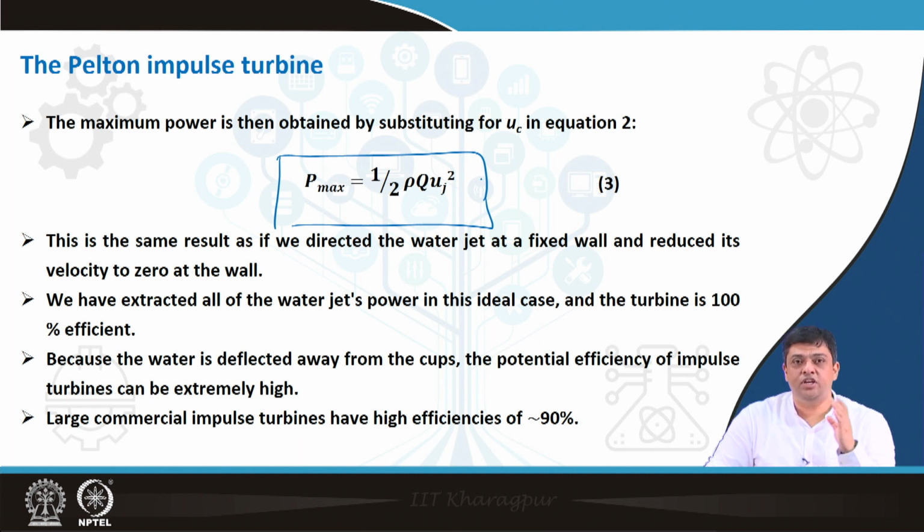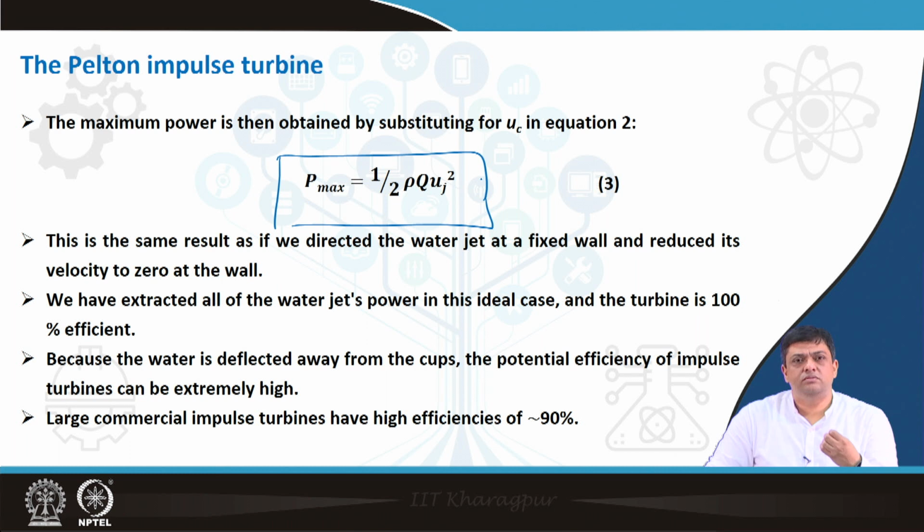So, the concept which we discussed during the analysis of a wind turbine or fluid mechanics still holds good, because here also we are talking about the flow of a fluid and trying to extract power from there. In the discussion till now, we have extracted all of the water jet's power, believing that there is no loss, and in this discussion that means the efficiency would be 100%.